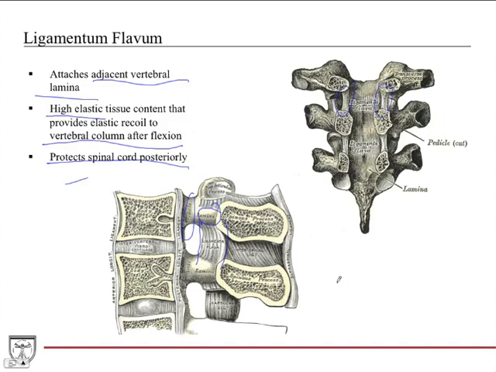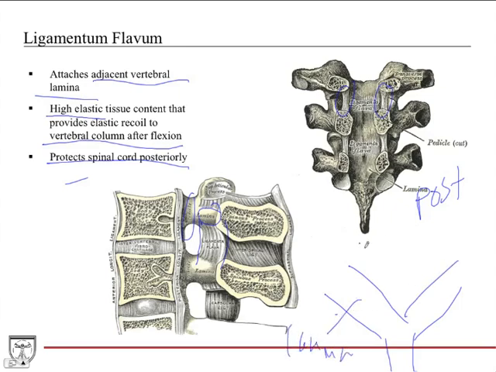If we look at a posterior view here, let's draw it. So this is a posterior view, and then we have our spinous process like this, and this is our lamina. Then we have the superior vertebrae, so we have our lamina like this.